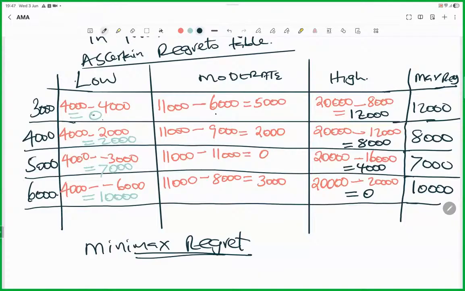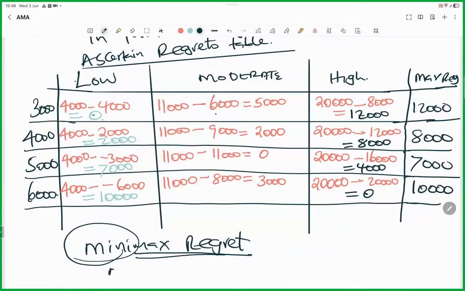Having chosen the maximum regrets, what do you do to optimize? You don't multiply by probability, that is for the EMV. You go for the minimum. So that's minimax: first you get the maximum regrets, and then you choose the minimum among them.